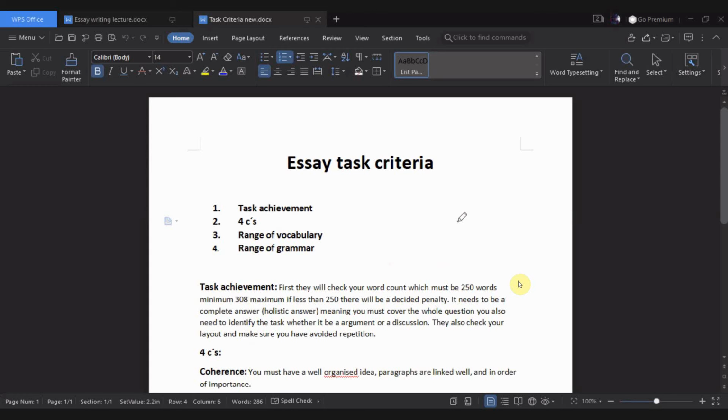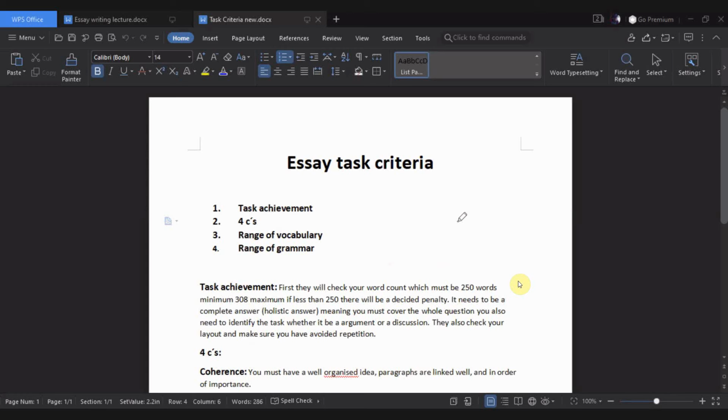Okay. Next up is, it says here, it needs to be a complete answer or holistic answer. So what do we mean by complete answer, holistic answer? Moving back to task one this time, they're going to go back to the topic, and then they're going to see if you have mentioned a complete answer in relation to the topic itself.